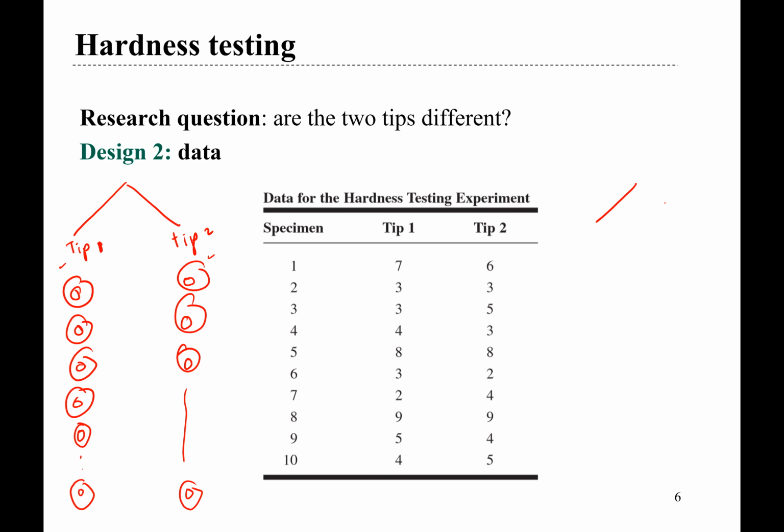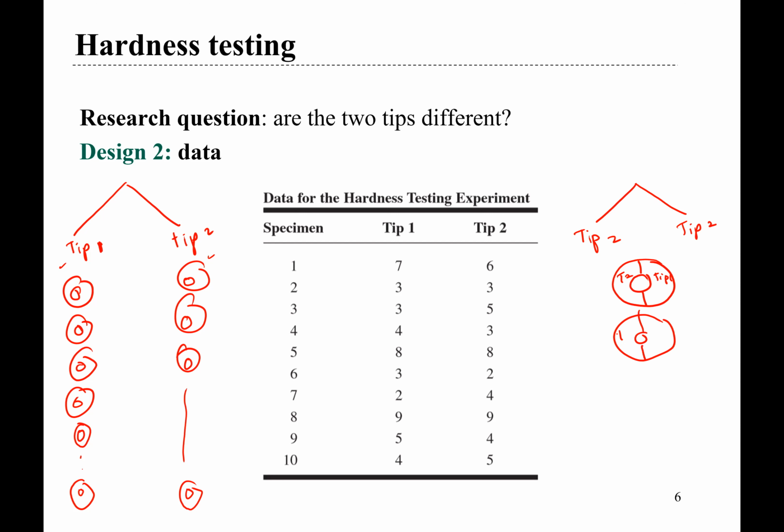So a better way is what? I will use the 20 specimens. I will divide each specimen into two parts and randomly assign a tip to each part. Maybe this one received tip 2, this one received tip 1. And the other specimen also will be divided into two.